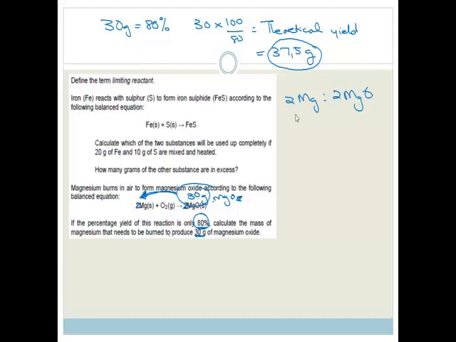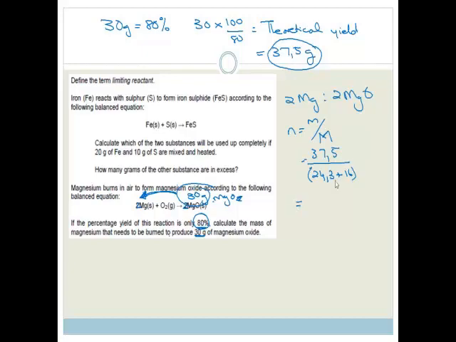So let's do that. And again, like I said, you need your periodic tables out. So number of moles is mass over molar mass. The mass is 37.5. The molar mass of magnesium oxide: magnesium is 24.3 plus oxygen, which is 16.